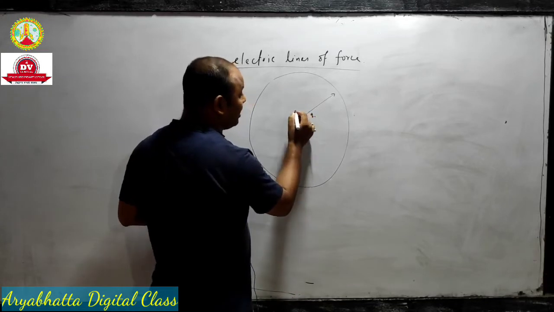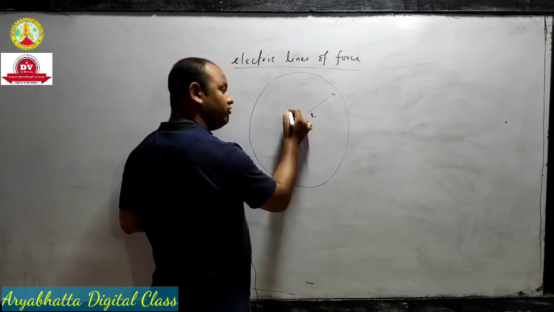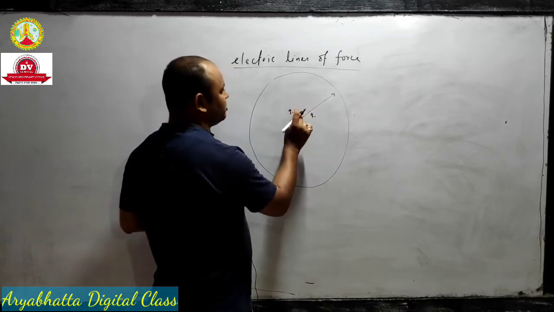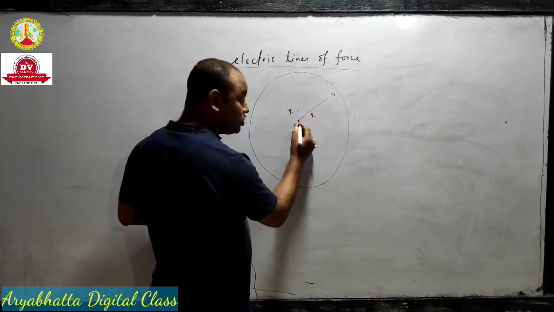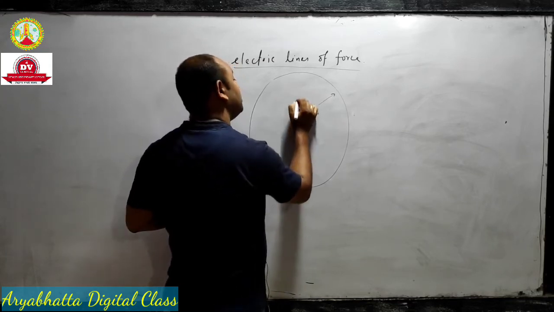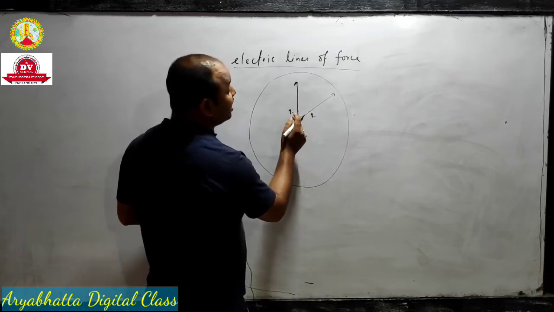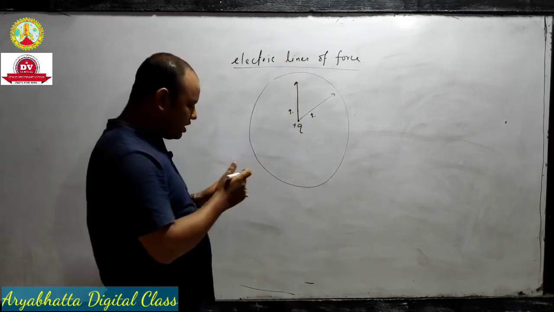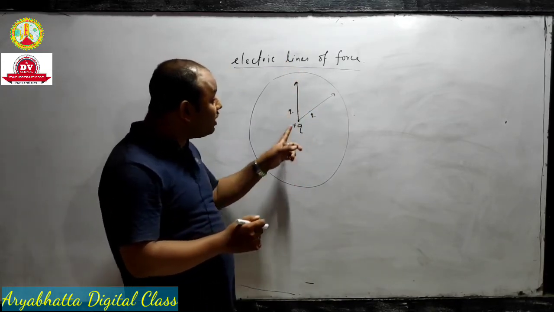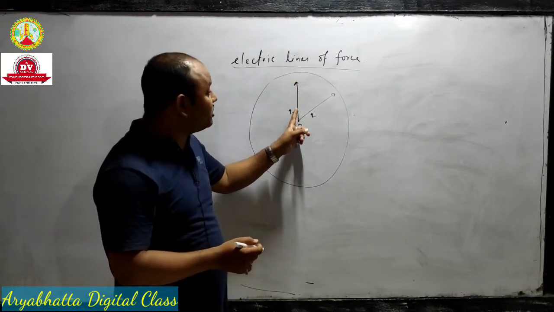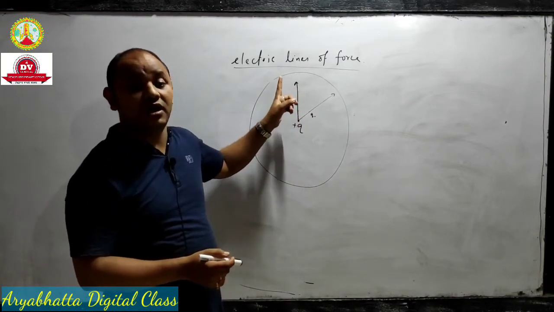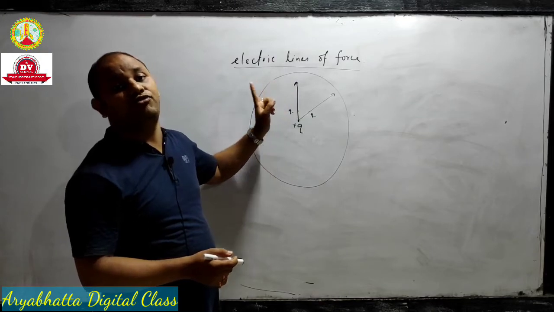If we take the same test charge at this point, this plus Q will repel it in this direction. That means the test charge will move in this direction, and this direction is the electric line of force.